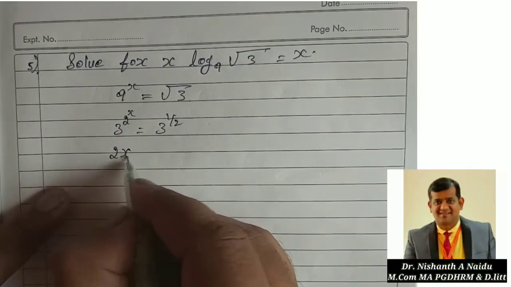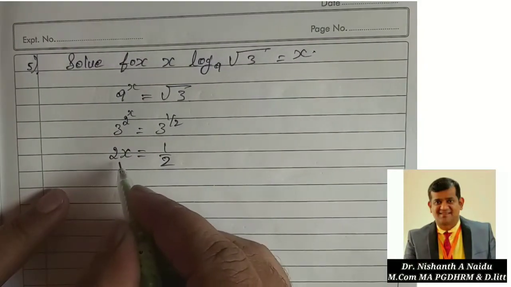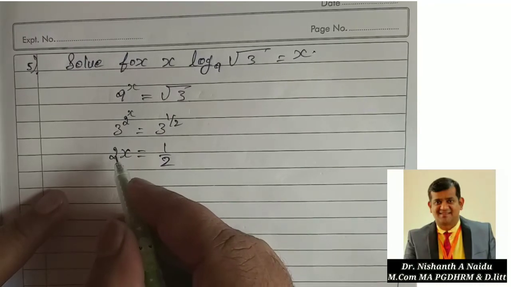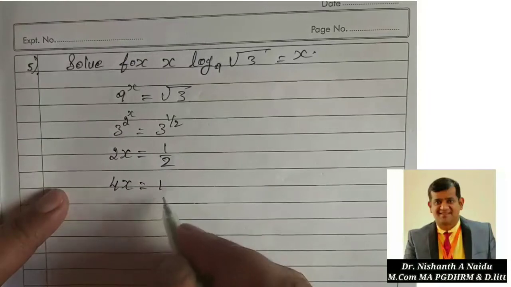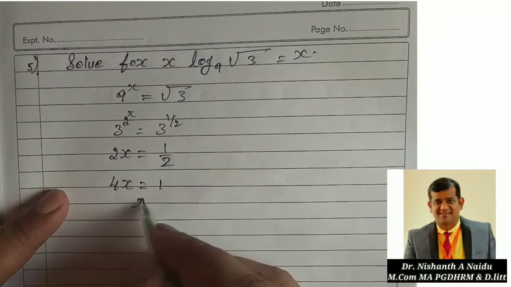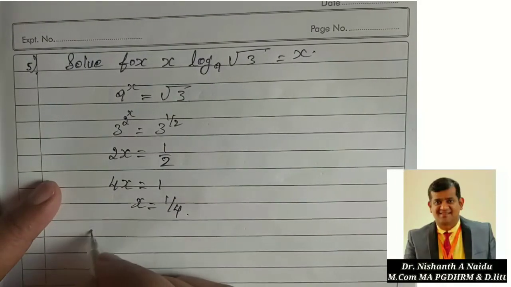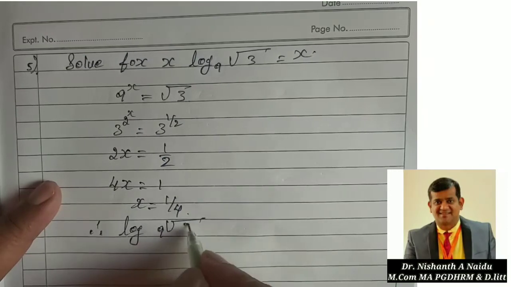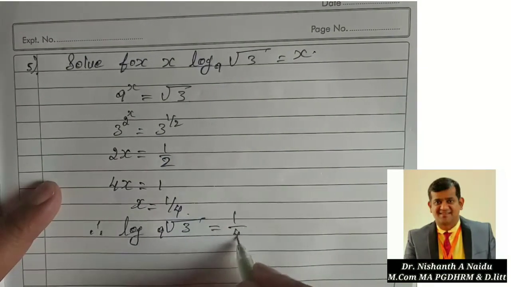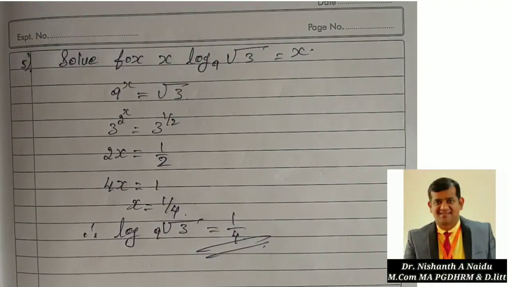So 2x equals 1 divided by 2. 2 2s are 4x equals 1. So x equals 1 divided by 4. Therefore, log 9 root 3 equals 1 divided by 4. So this is the answer.